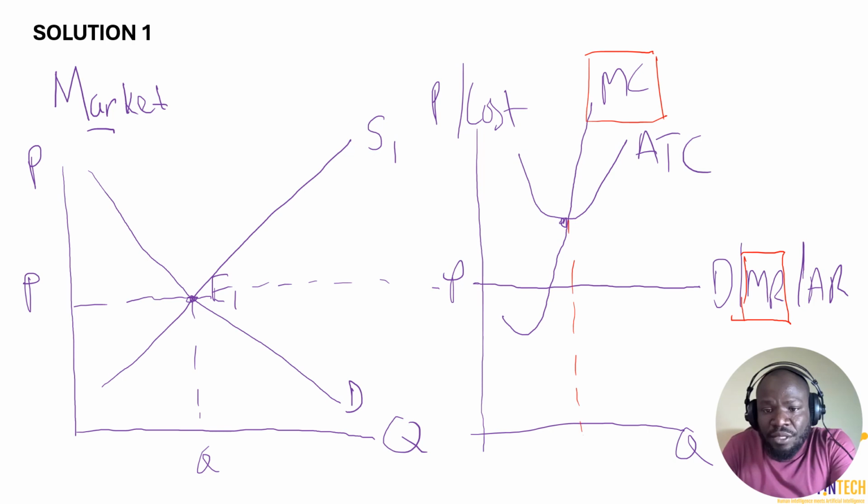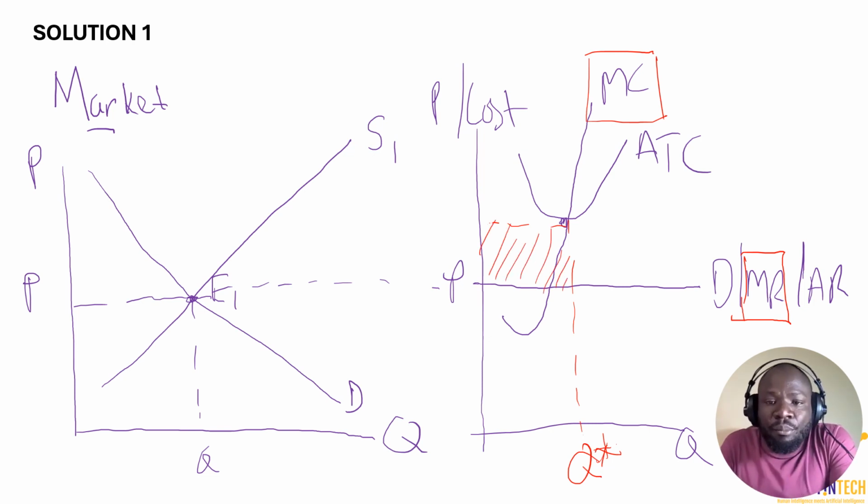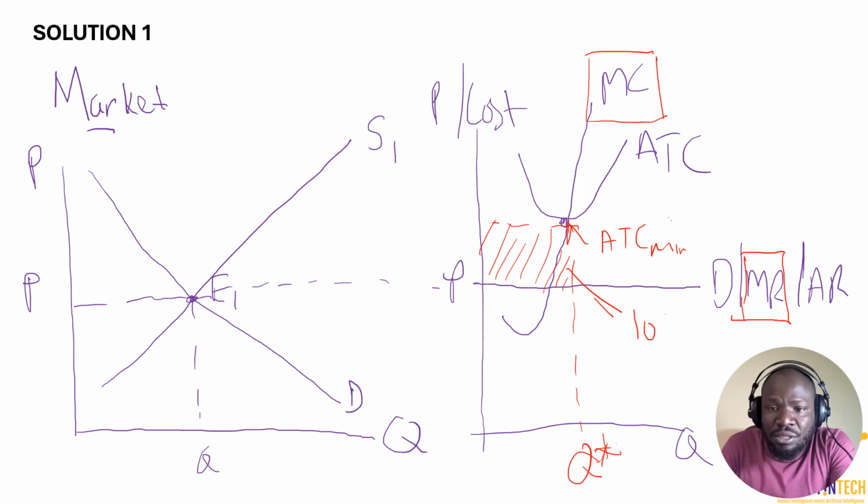So this is the profit maximizing level of output for the firm, and this is the economic loss for the firm, because this is the minimum point of the average total cost curve, which is above the price. So the cost per unit is higher than the money we get for selling each unit. This is a loss. So I said you must indicate this loss which they make in the short run.